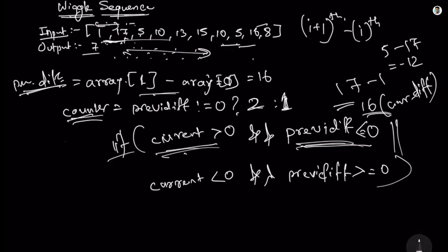Our previous difference is stored as a positive value as it was 16. And in this if statement, we are going to update the previous difference with the current difference.